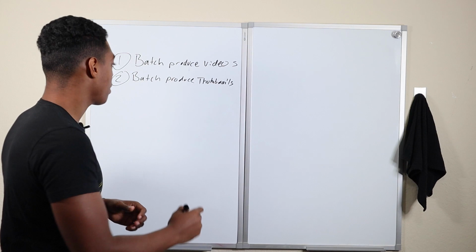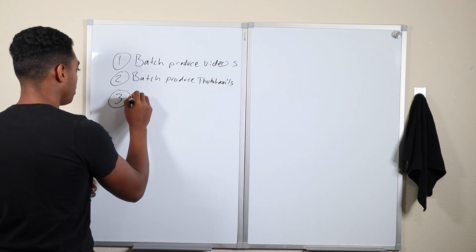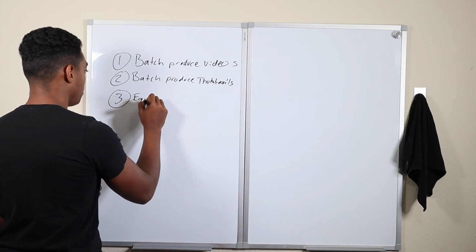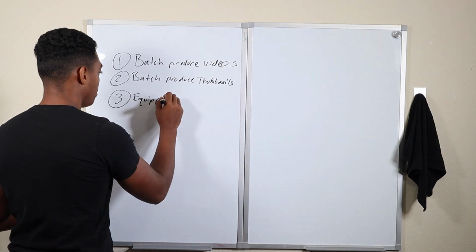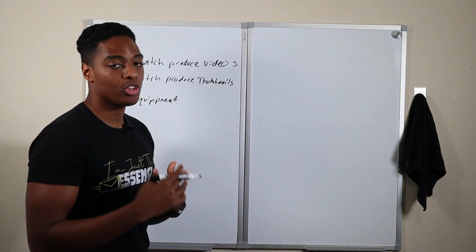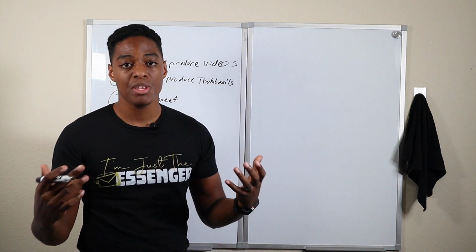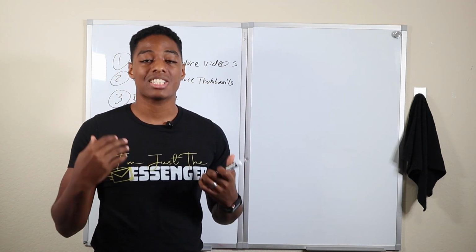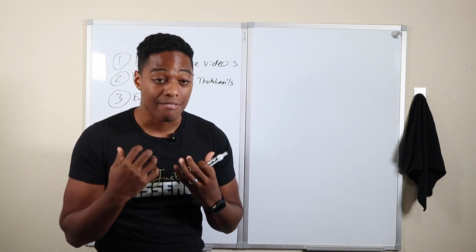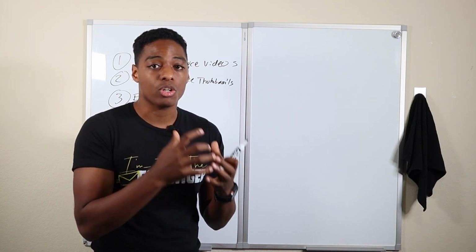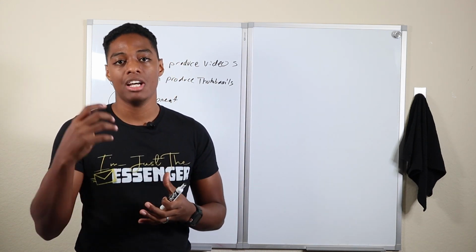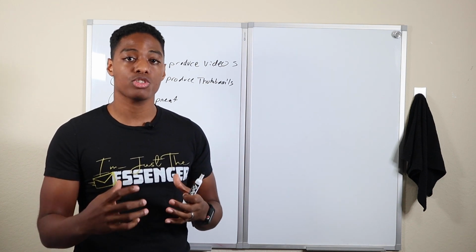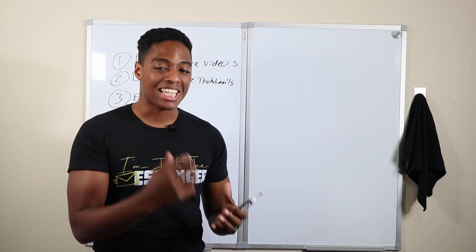All right. So next is equipment. In the beginning, you're not going to need everything, but as you continue to grow and invest in your business, you want to make sure that you are getting really good equipment in order to have high quality videos, but also do the things that you need to do in a timely fashion.